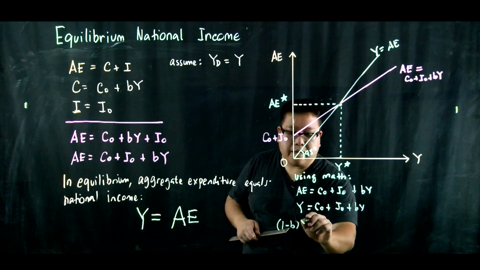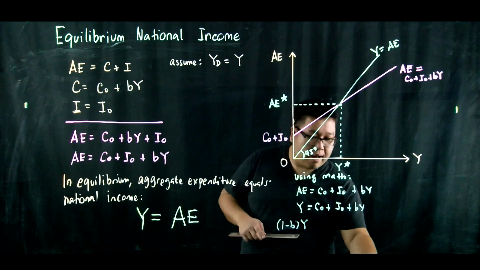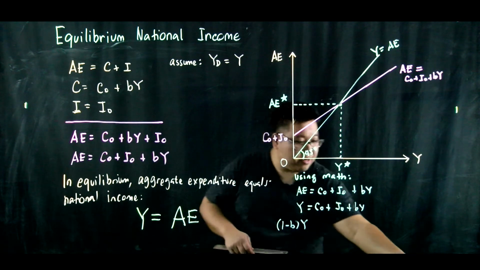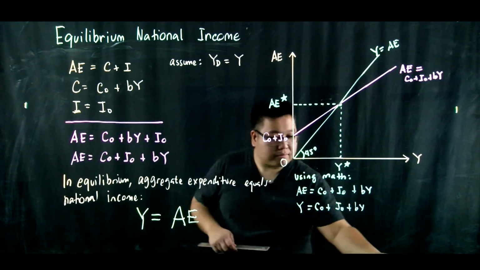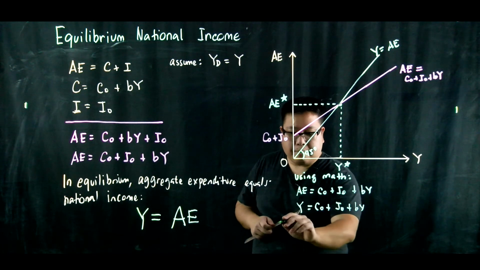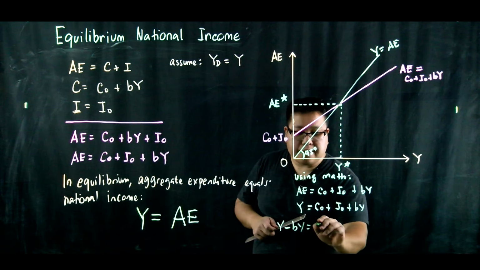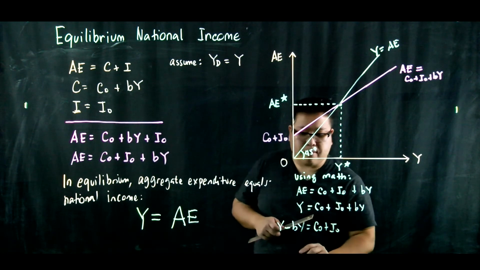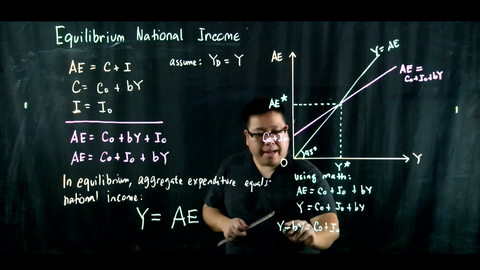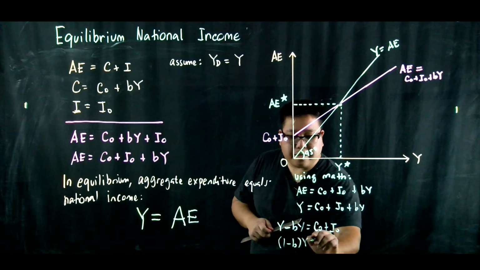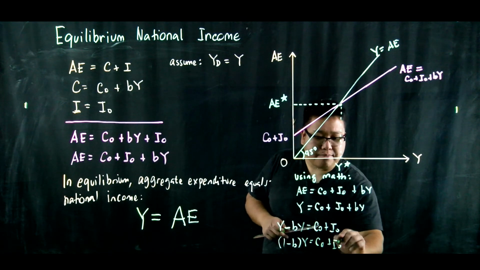So I move my BY to the other side. Okay, let me do that slowly. It's going to be Y minus BY is equal to C sub 0 plus I sub 0. I factor out the Y. So I have here 1 minus B times Y equals C sub 0 plus I sub 0.